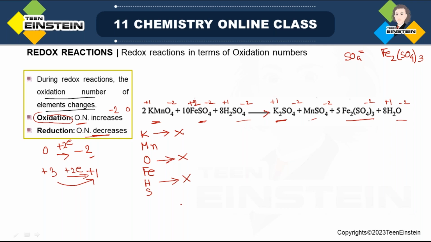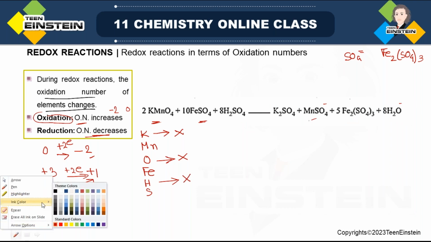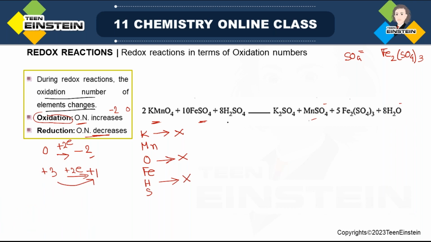What about sulfur? Now for these three, there is no change. Let me erase it. What about sulfur? You will see for sulfur also there is actually no change, and it is easy to understand because sulfur is present before the reaction and after the reaction only as sulfate. There is no other form of SO4.